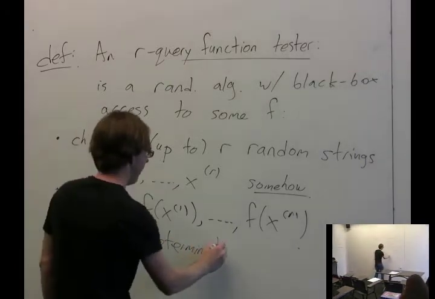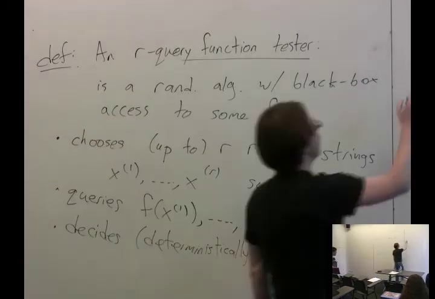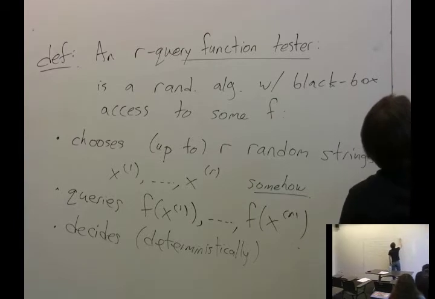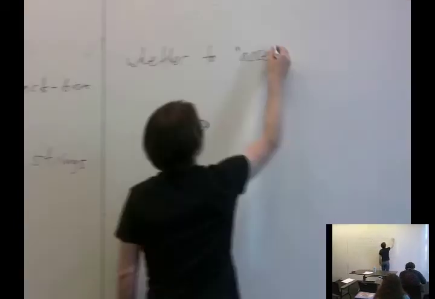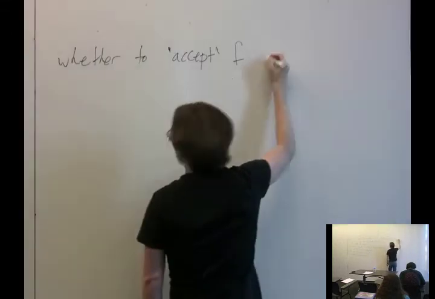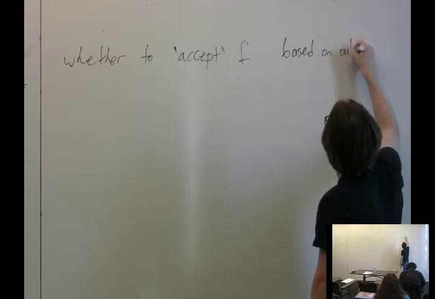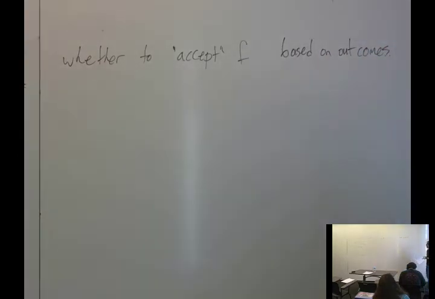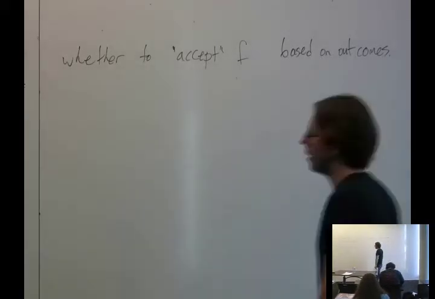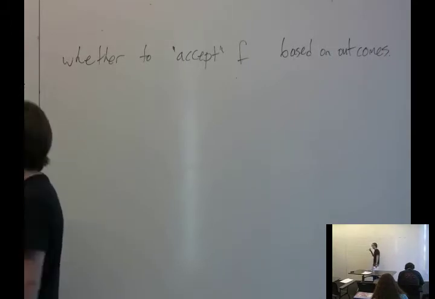Deterministically, let me continue over here, whether to accept or reject f, based on the outcomes of the queries. So this is the model we'll choose. One thing we notice we don't allow here, for reasons we'll see when we study CSPs, is adaptivity.